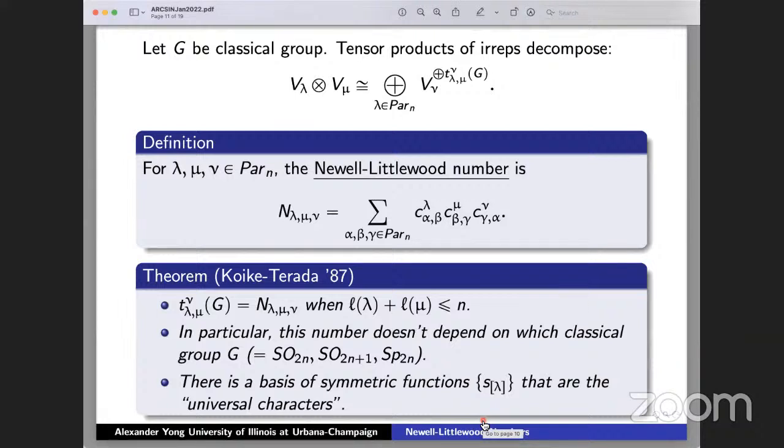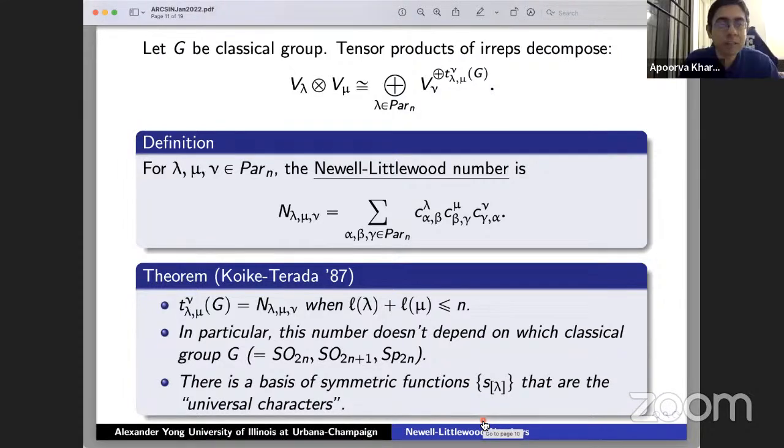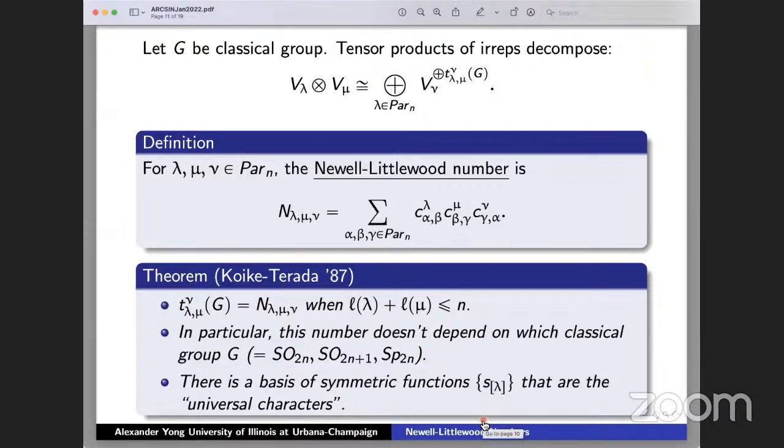So do you have any results for the branching coefficients? Do I have any evidence? Sorry. Results for branching, so you can restrict the representation. The tensor product is a special case of the restriction problem, right? So do you have any results for these NL coefficients for the branching problem?